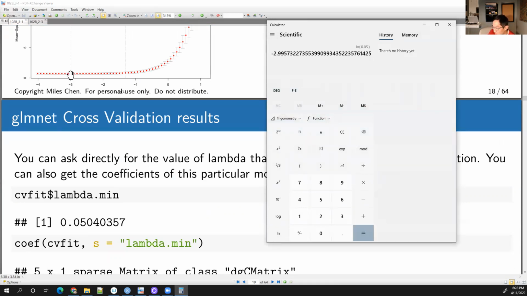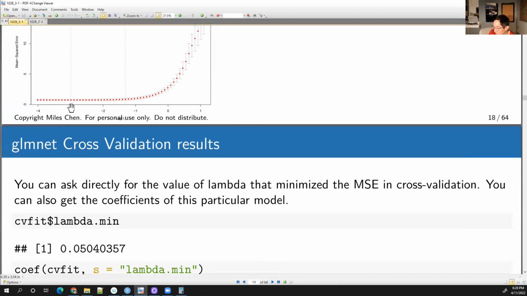So right around here is the value of lambda that minimized the cross-validation error.